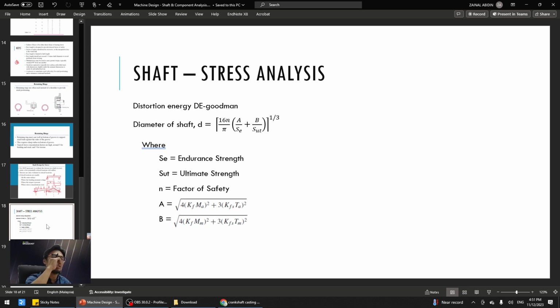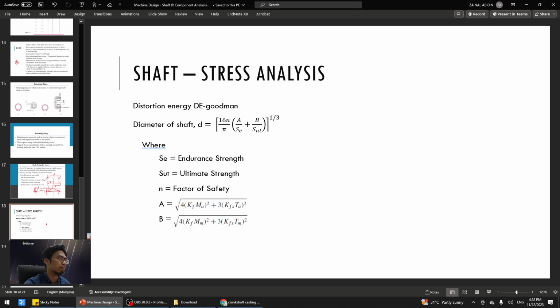But for me, it is good if you remember one type of formula, then you can use and apply it to your problem, to your design, to your capstone design, to your final year project design. Macam tu lah. For me, I prefer to use Goodman, DE Goodman ataupun distortion energy Goodman formula.